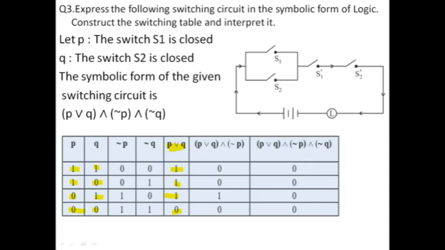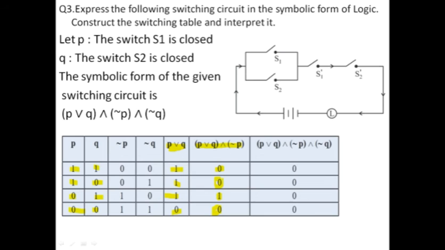So we have to use this and this. 1 and 0 becomes 0. 1 and 0 becomes 0. 1 and 1 becomes 1. And 0 and 1 becomes 0, because here AND is used.